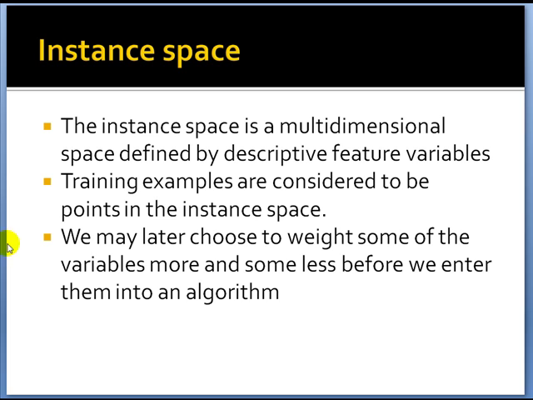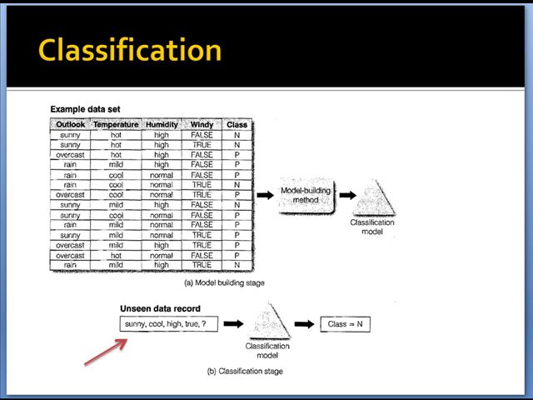So we talk about the instance space. The instance space is a multi-dimensional space defined by descriptive feature variables. So what is that? Well, that just means this. This whole thing here is called the instance space.